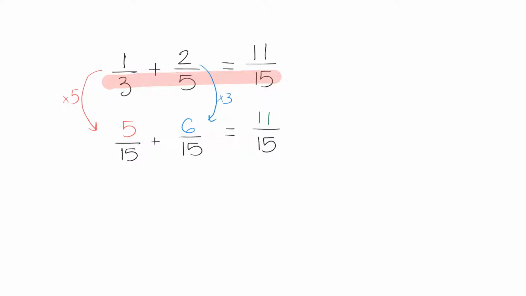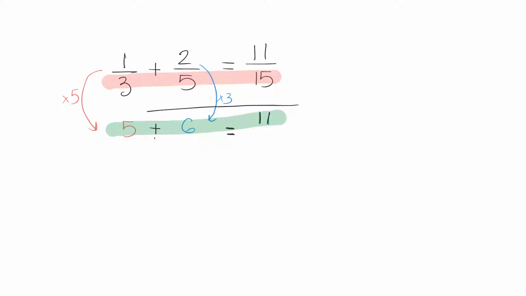The reason you know that this checks out is because this 11 is equal to 5 plus 6. So really, my point is, once we had common denominators, we didn't even look at our denominators. We just needed to know that 5 plus 6 did in fact equal 11.